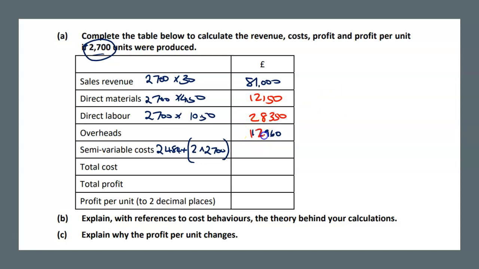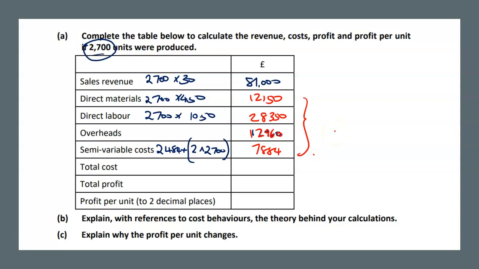That's my 12,960. And then let me also do this one. 2 times 2,700 plus 2,484 is 7,884. And that's my total cost.